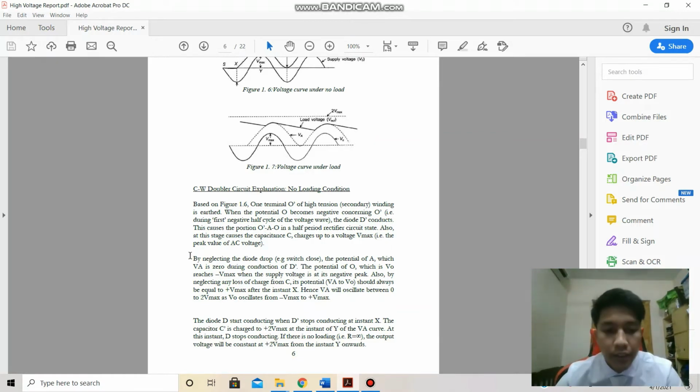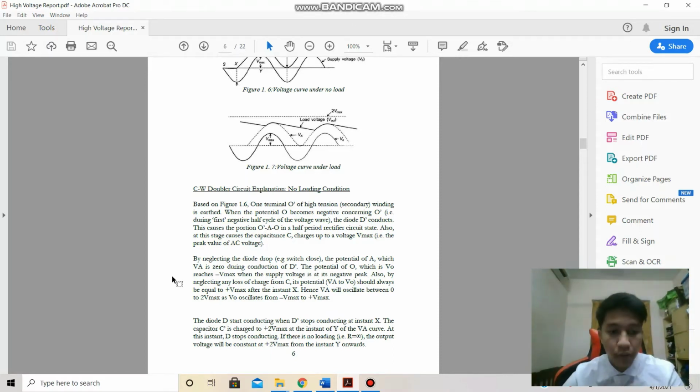Neglecting the diode drop, the potential of A, whose voltage current is 0 during conduction of D, and the potential of O, which is the voltage output, reach Vmax when the supply voltage is at negative peak.